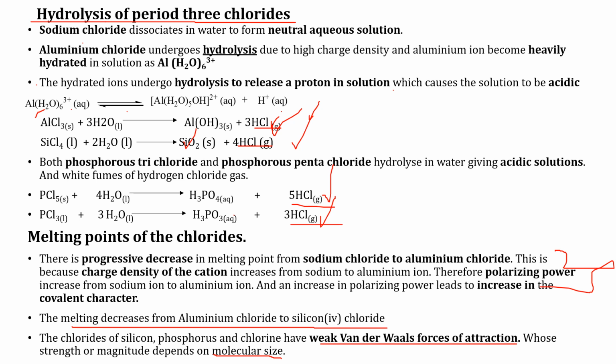The one with the highest molecular mass is going to have the highest boiling or melting point. Reason being, the van der Waals forces are going to be stronger, implying that the forces holding its structure are going to require more energy to be broken. That means they are going to have a progressive increase in melting points.